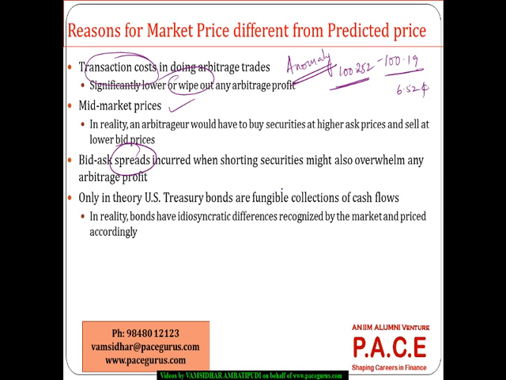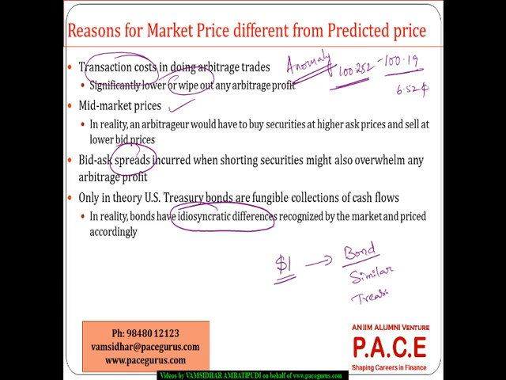And here comes another important aspect, which is the idiosyncratic differences that exist between the bonds. It does not go with the assumption that $1 received at a future date really doesn't matter which bond it is coming from, because all of them have similar risk characteristics, because all of them are treasury bonds.